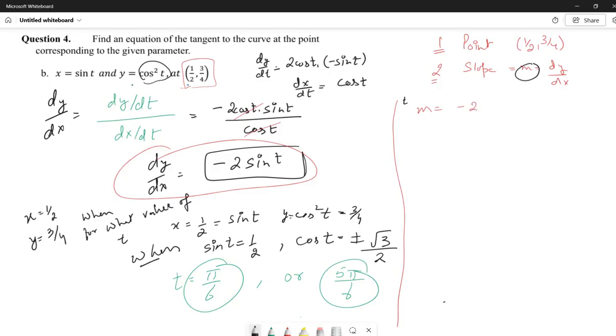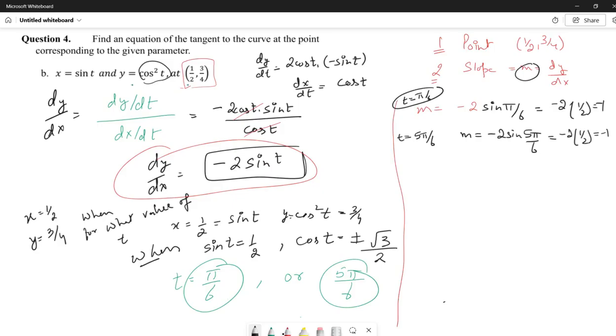If you put pi by 6, that should be m equal to negative 2 sine pi by 6. Sine pi by 6 is 1/2. Negative 2 times 1/2 will be negative 1. If we put 5 pi by 6, then m would be negative 2 sine 5 pi by 6. Sine 5 pi by 6 is still 1/2. Negative 2 times 1/2 is negative 1. Therefore, the slope is basically negative 1.